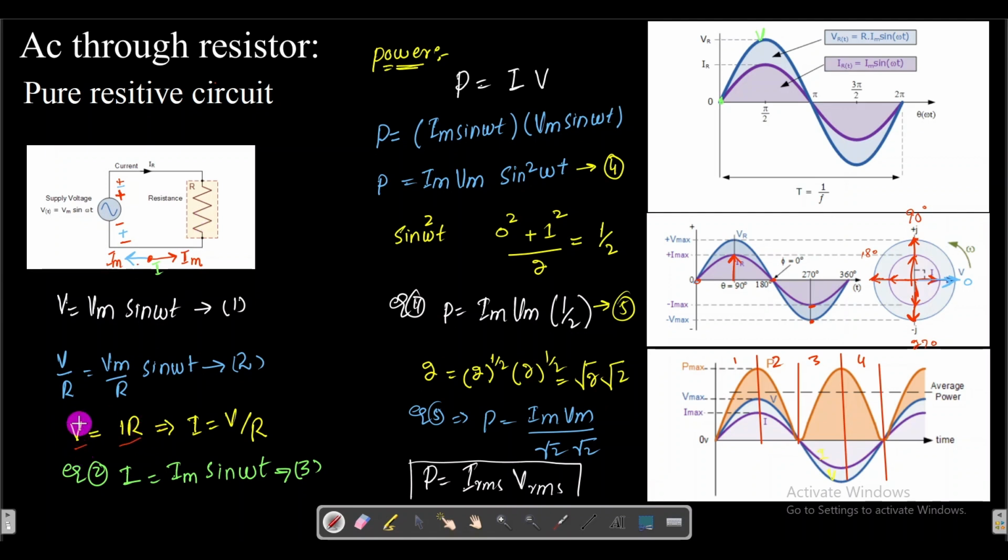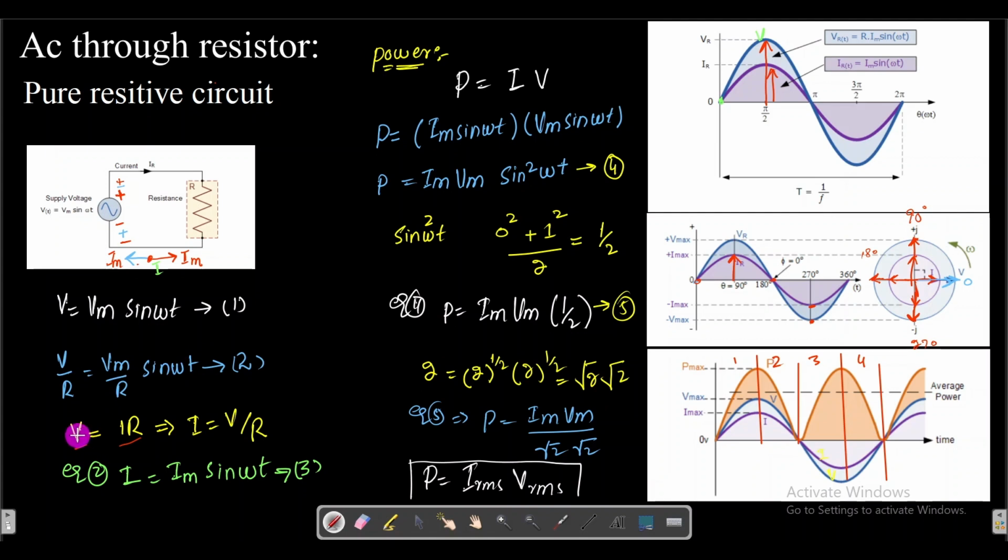So this voltage is more than this current, therefore we put the maximum value for the voltage more, and the amplitude of that is more here, and the maximum amplitude for the current is less here. This is because of this reason.